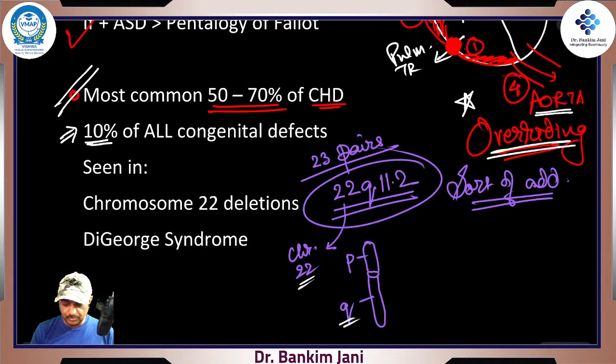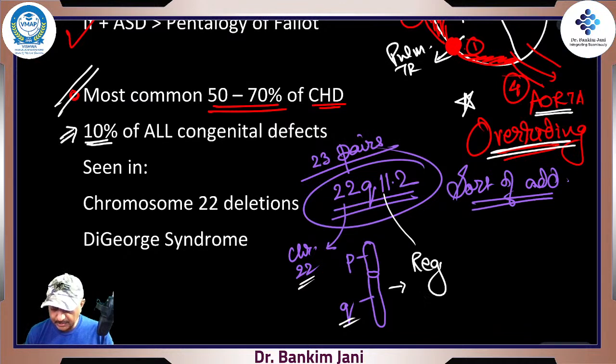So 22q. Then as we go deeper, you'll find that the whole arm is divided into regions. So this one is called the region. Then regions are divided into bands. So this is the band. And then bands are divided into sub bands.